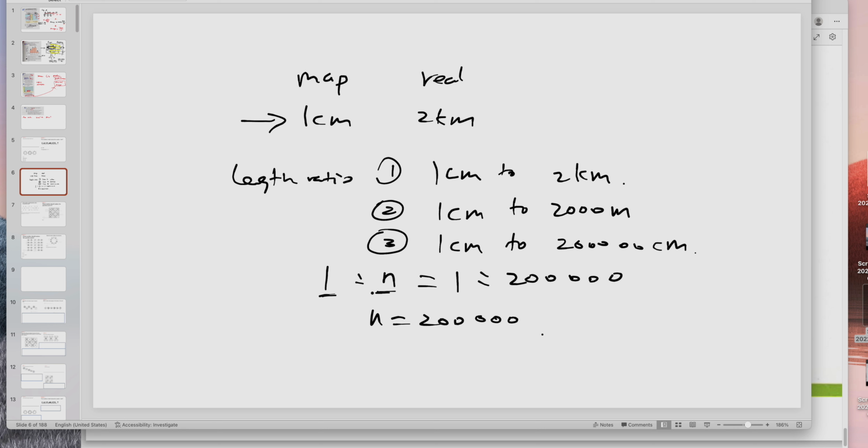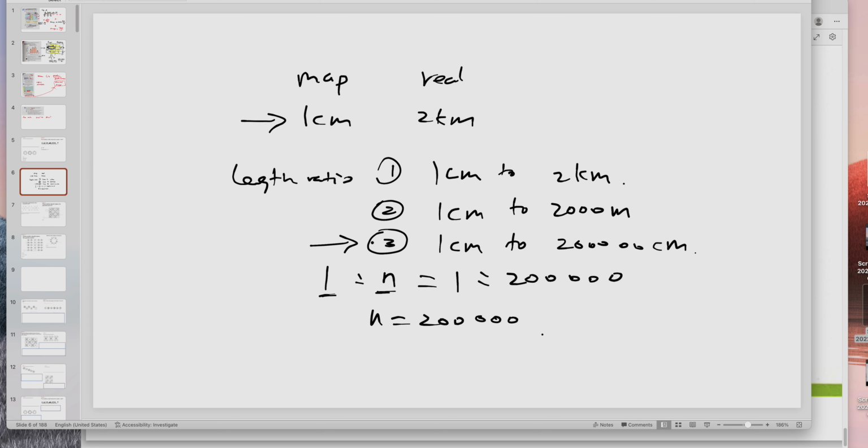Very simple. But when you do questions, this same unit length ratio is, I would say, the most useless.